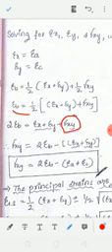Because we are very interested to know what is the shear strain in the xy direction, I can write gamma xy equal to 2 epsilon B minus epsilon x minus epsilon y, where epsilon x equal to epsilon A and epsilon y is nothing but epsilon C. So we have determined epsilon x, epsilon y, and gamma xy.